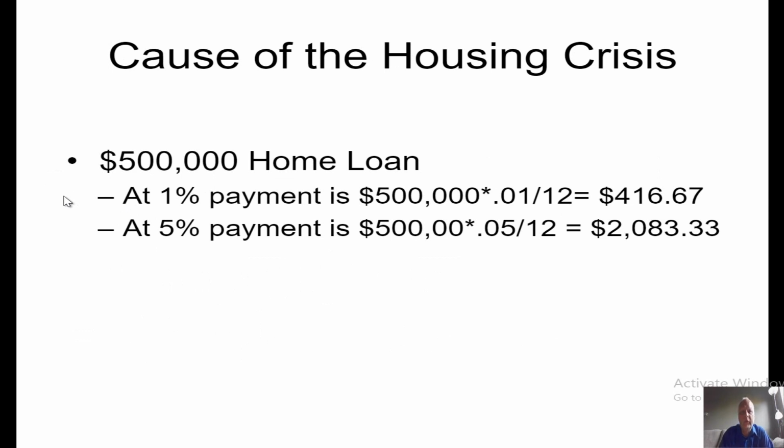So here is a numerical example of the causing of the housing crisis. Let's say you got a $500,000 home loan during the relatively long low interest rate period, and you got this at 1%. So 1% per year divided by 12, you get this per month times 500,000.